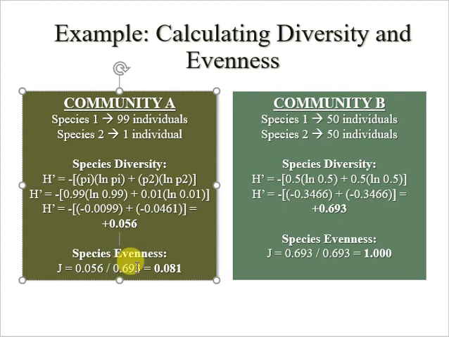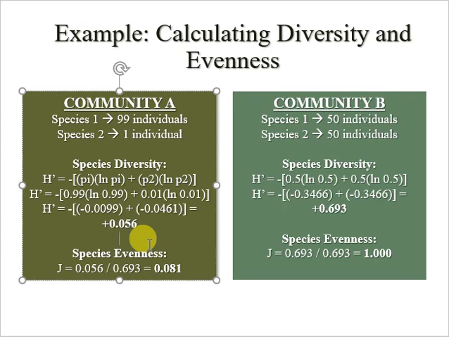Now we can also look at evenness. Evenness is not going to give us a measure of specifically diversity. It's going to tell us, based on the number of species we have, how evenly distributed the individuals are.